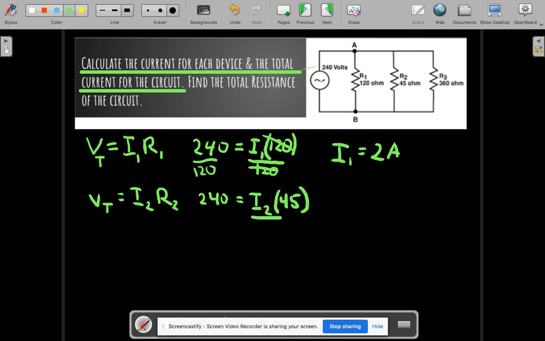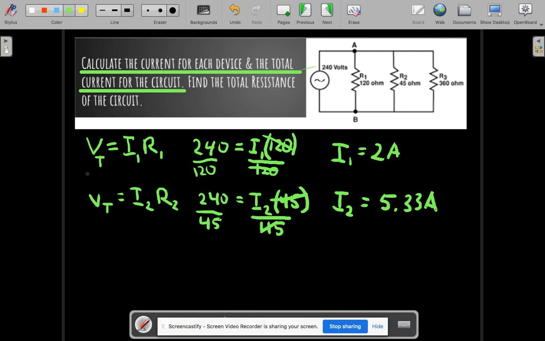So we divide both sides by 45. 240 divided by 45, so we get I2 is equal to 5.33 and so on, amps.